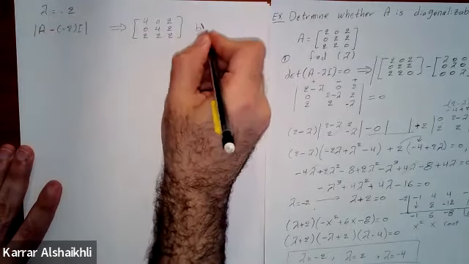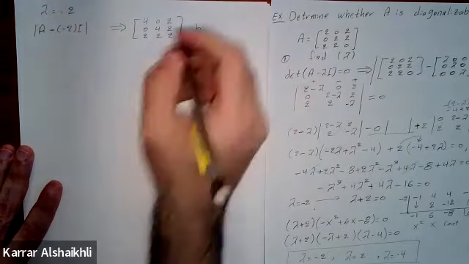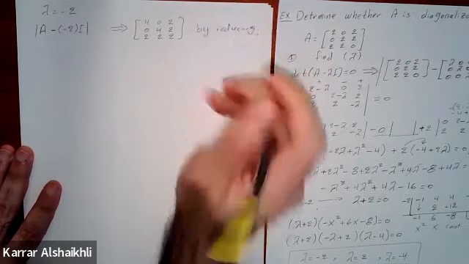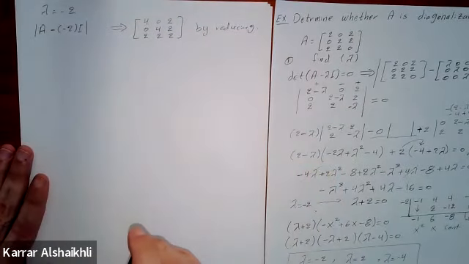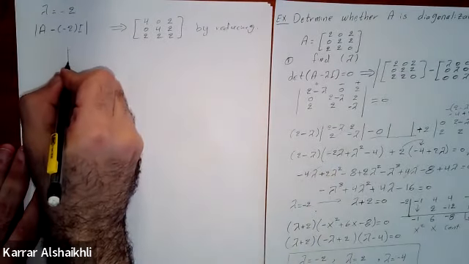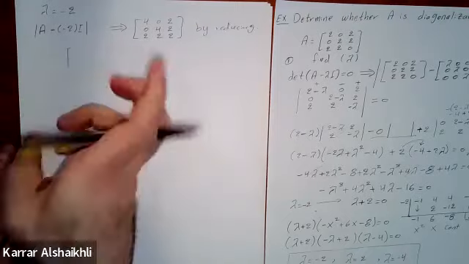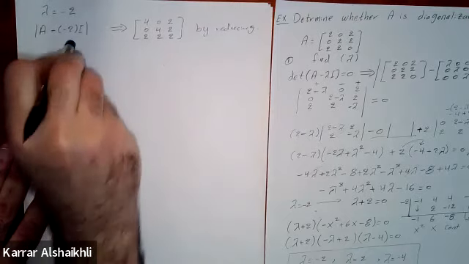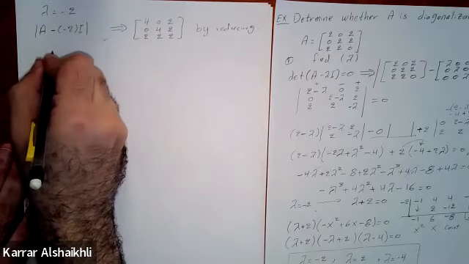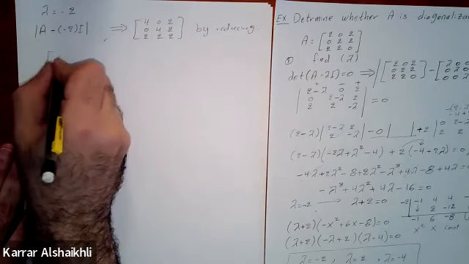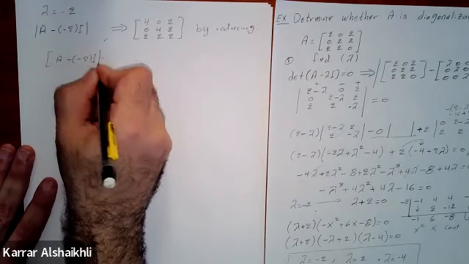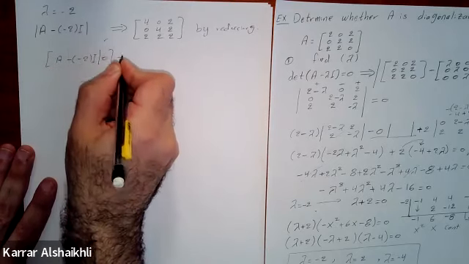Now by reducing, okay, by reducing that, use the row echelon form, okay? This one is going to be reducing part, which is A minus -2 with lambda with 0, which is going to be equal.